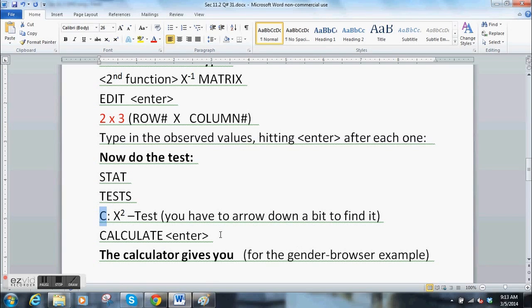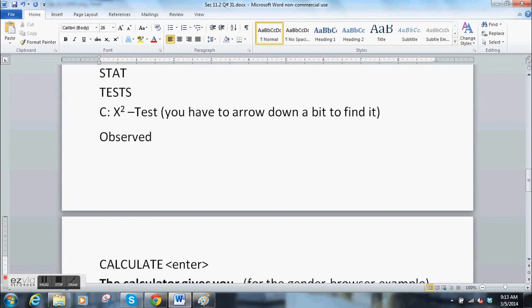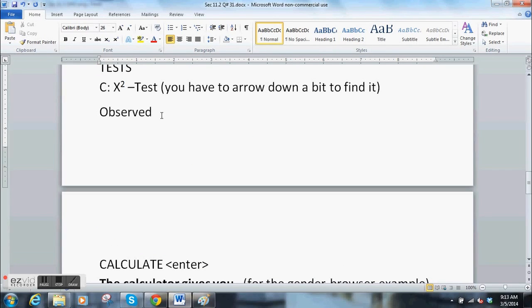And then hit enter. And the nice thing is at this point you don't really have to do much, because it gives you something like this. After you hit enter, it says observed, and then it says A, like that.